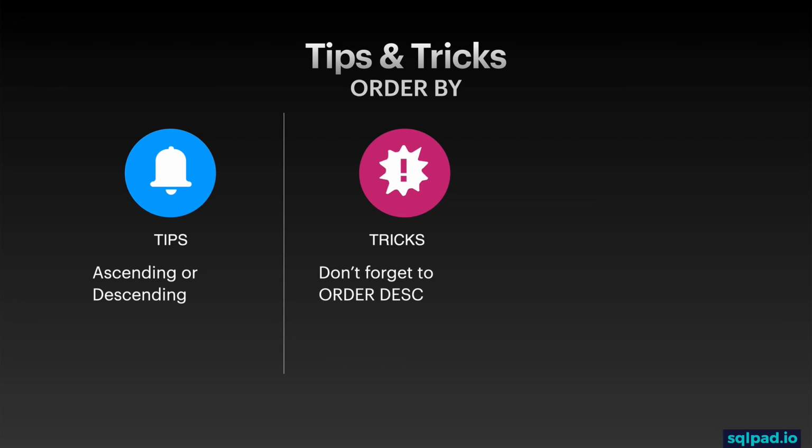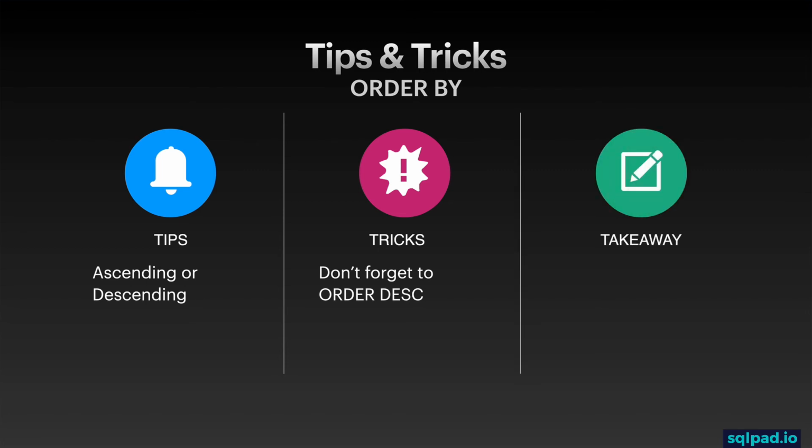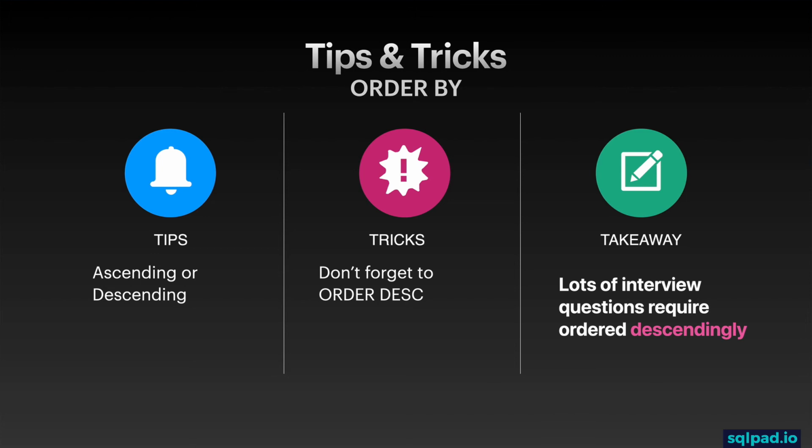And if you don't specify order by descendingly, you'll always make a mistake. I've seen a lot of mistakes where people forgot to add order descendingly in the interview. So make sure you always use order descendingly in your interview if it is referred to top results for numerical values.